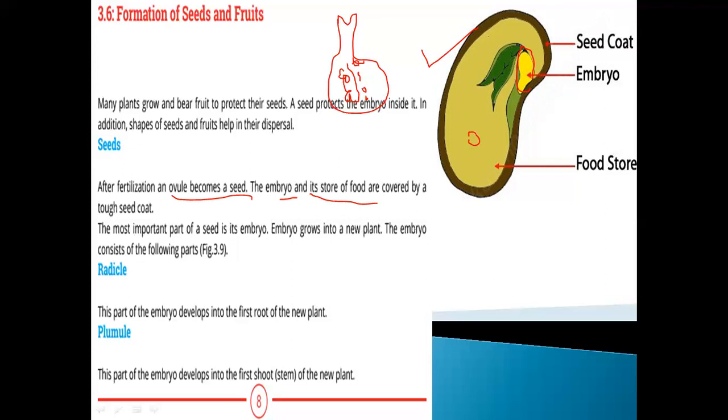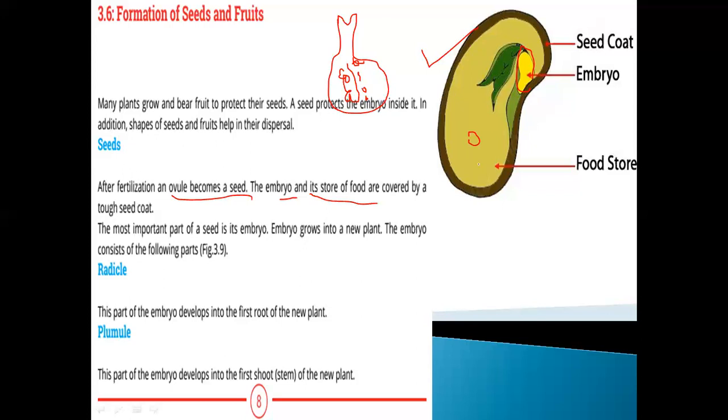This is the hard seed coat, and this hard seed coat protects this embryo as well as this stored food. If you see, lots of seeds are present in your home. We use them for cooking as well. Peas, beans, and lots of other grains are there.